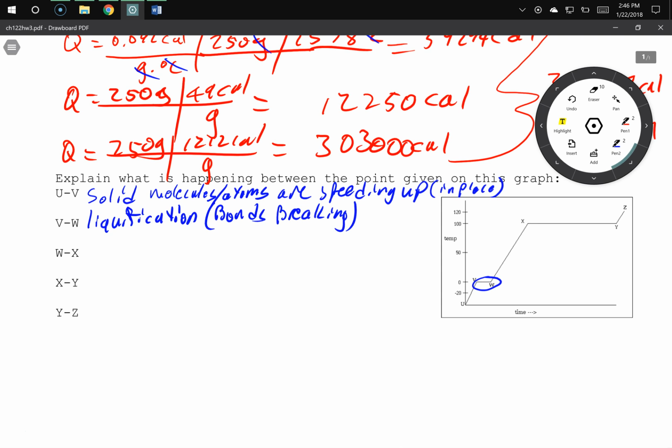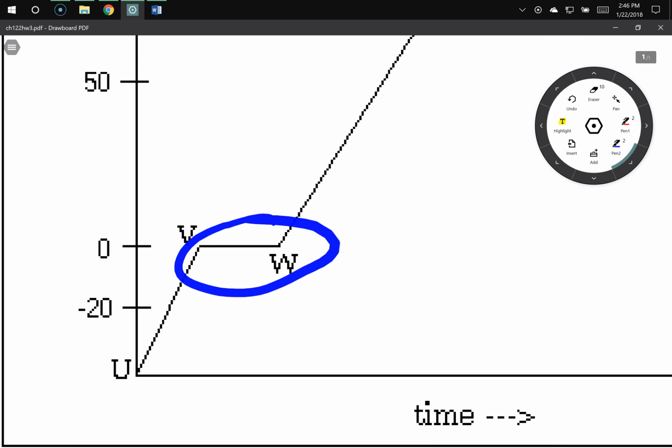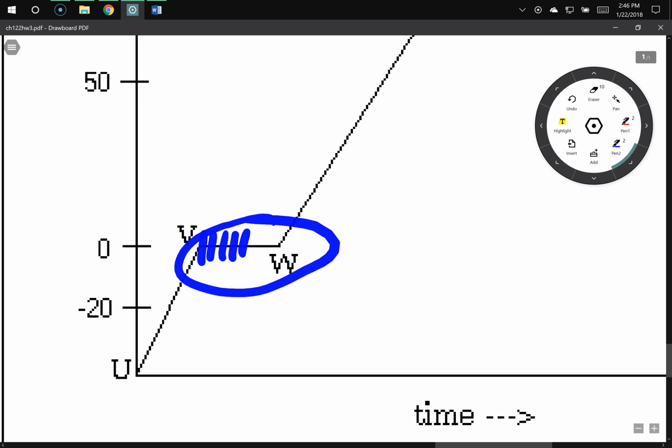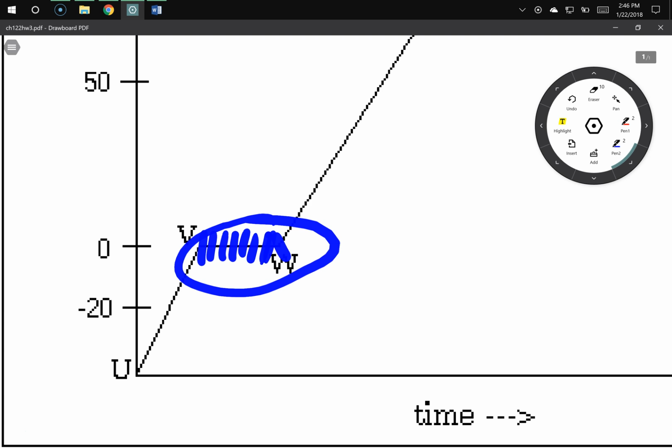You guys have gotten up out of your seats and you're mosh pitting, I suppose. You're all slamming into each other. All right. So is it still solid? It is liquefying. So let's zoom in on this. Still solid, solid, solid, solid. Less solid as I move across this. Solid, solid, solid. No more solid. The moment I hit the portion where it starts to angle back up, now there is zero solid left.